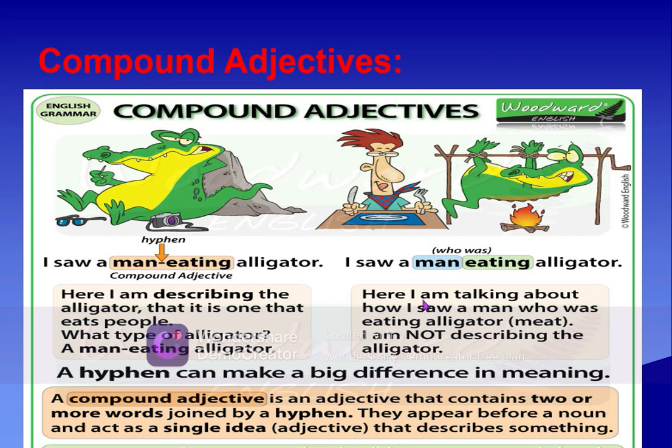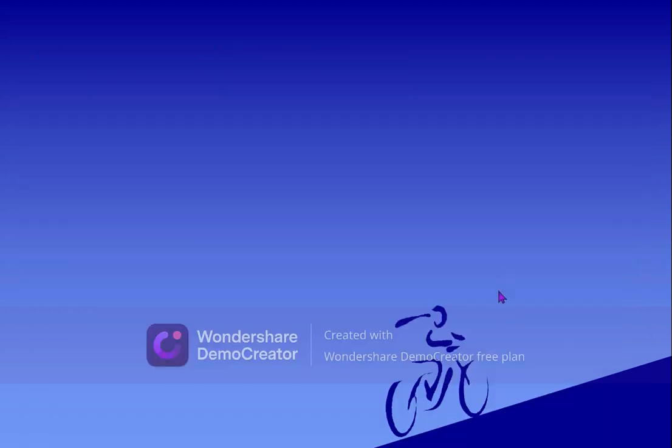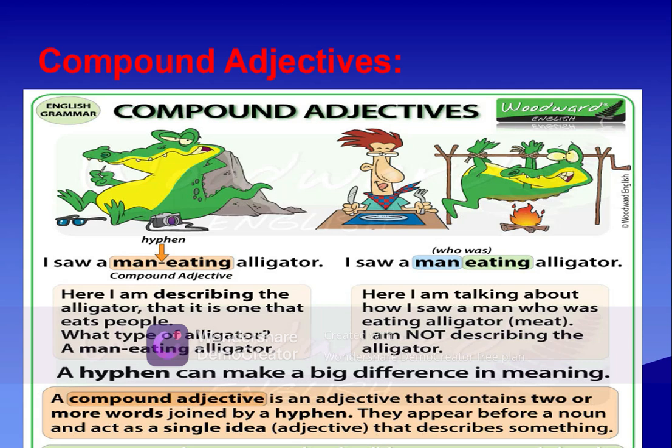In this sentence, man eating is different, giving us a different meaning. Here I am talking about a man who was eating alligator. Look here, he is the man who is waiting for the meat of an alligator to ripen.